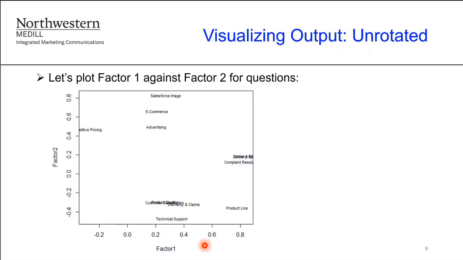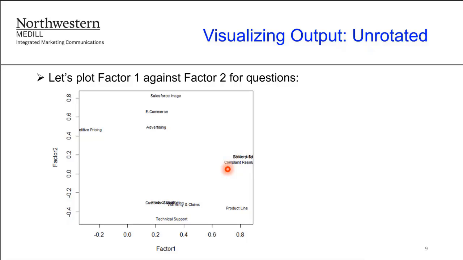Then how about for factor 1? What we can see here is that, for example, we can identify the order and billing. There are some overlaps here. The variables order and billing and delivery speed are overlapped, so those are the two values.